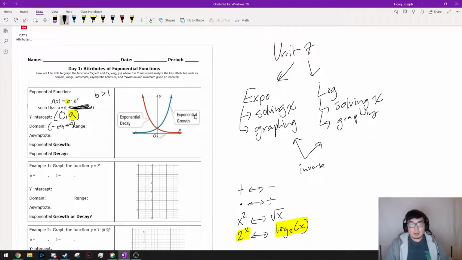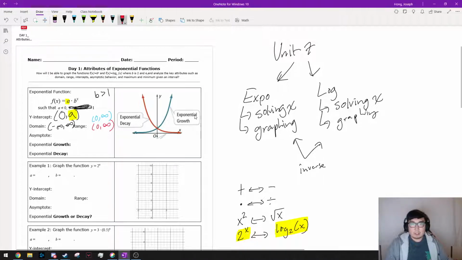So we can write an interval notation of 0 to infinity for the blue. And the red graph is also 0 to infinity.